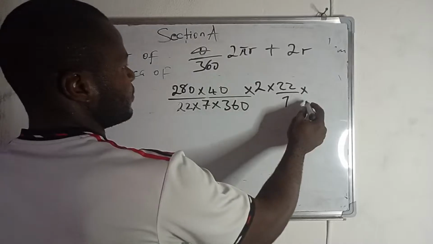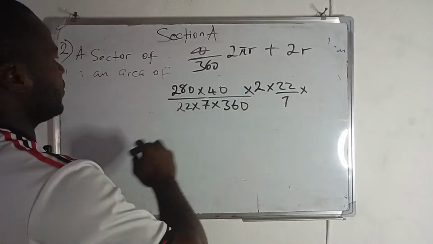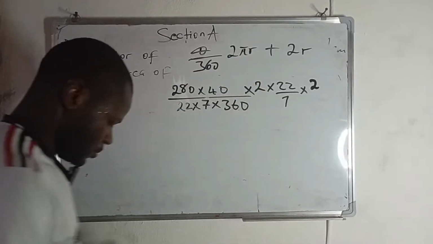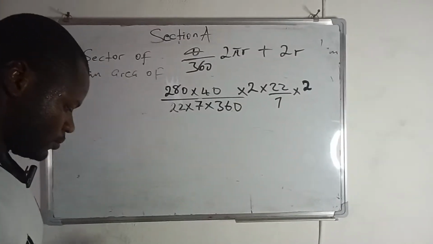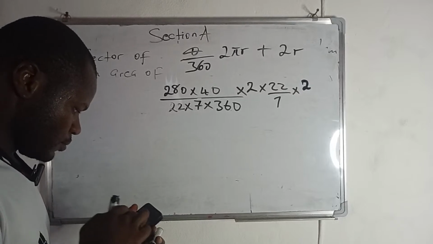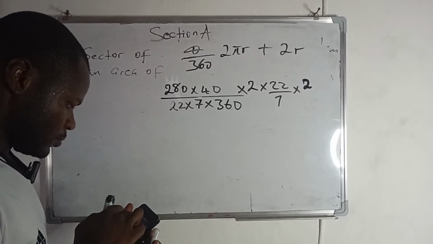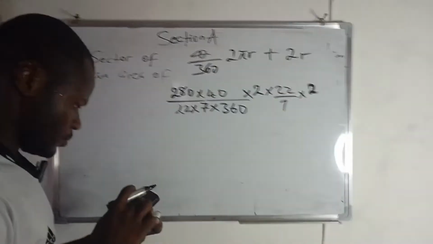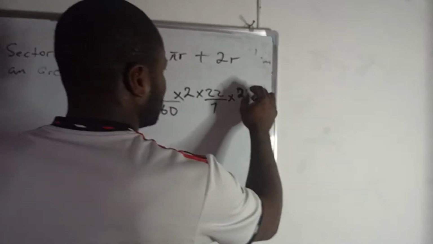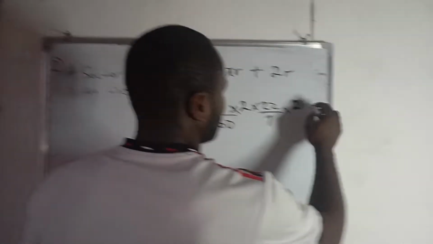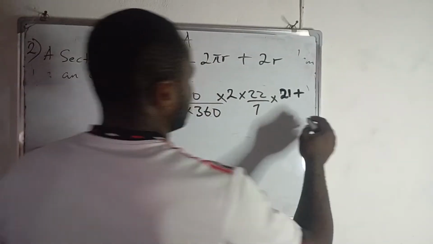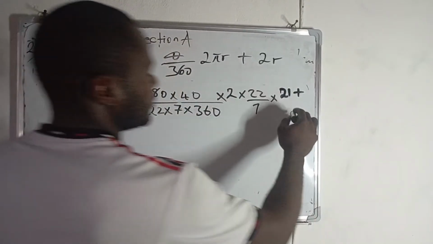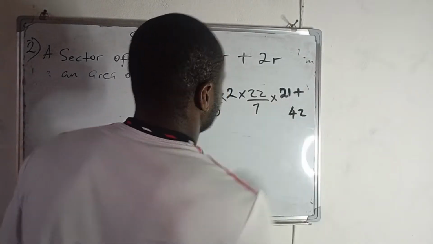Here we have times, our radius is still 21. We have 21 plus the other 21, which is 21 times 2, giving us 42.